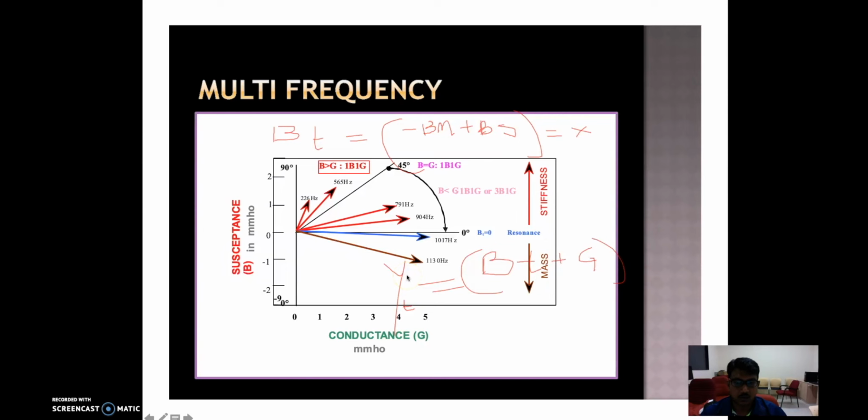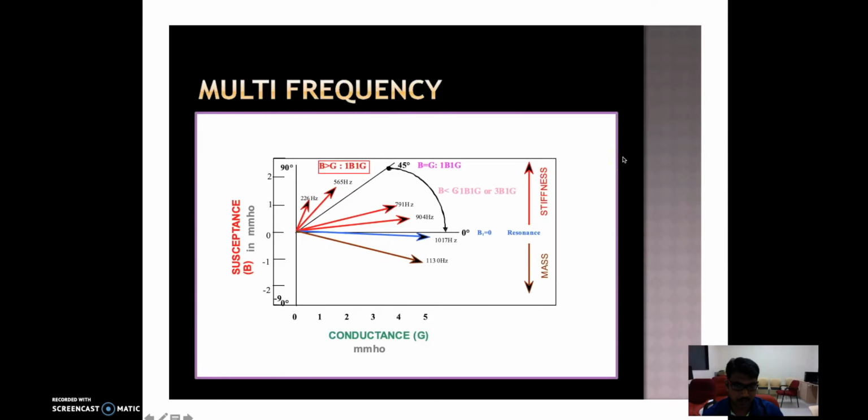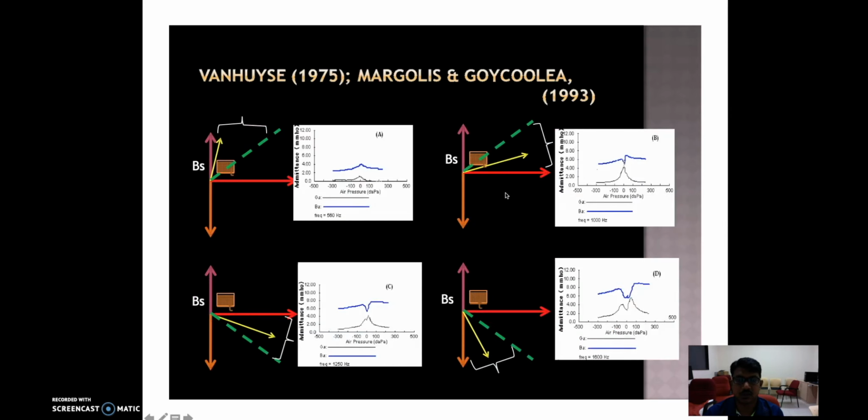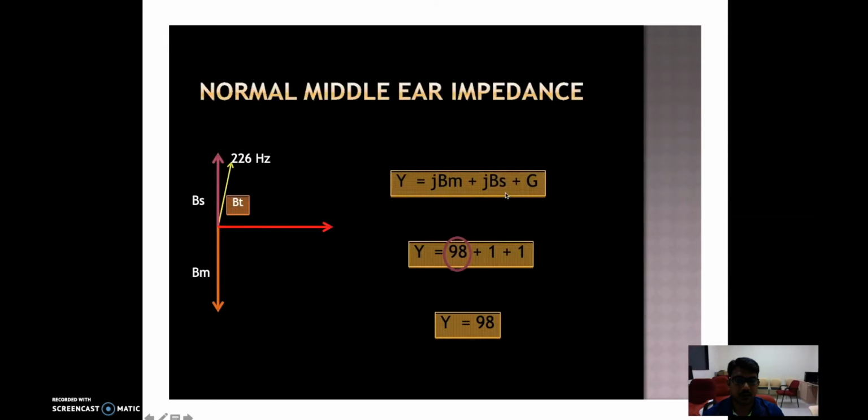In the next slide, we have depicted different impedance vector quadrant flow and the resultant graph. Before that, we have seen that this type of interpretation is considered multi-component tympanometry. Why multi-component? We have seen earlier, in this slide, that we are measuring only Y total by measuring Bs.